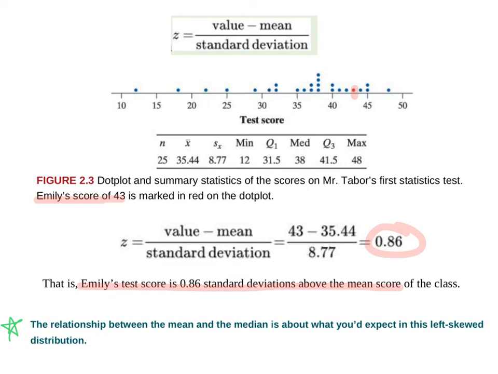If you think back to the example of 25 stats test scores all out of 50 points, where we found the percentile, that was last video, we could find this score of 43, so that was Emily's score of 43 right here. And what we would do to find that particular z-score, so its place and how many standard deviations it is away from the mean.